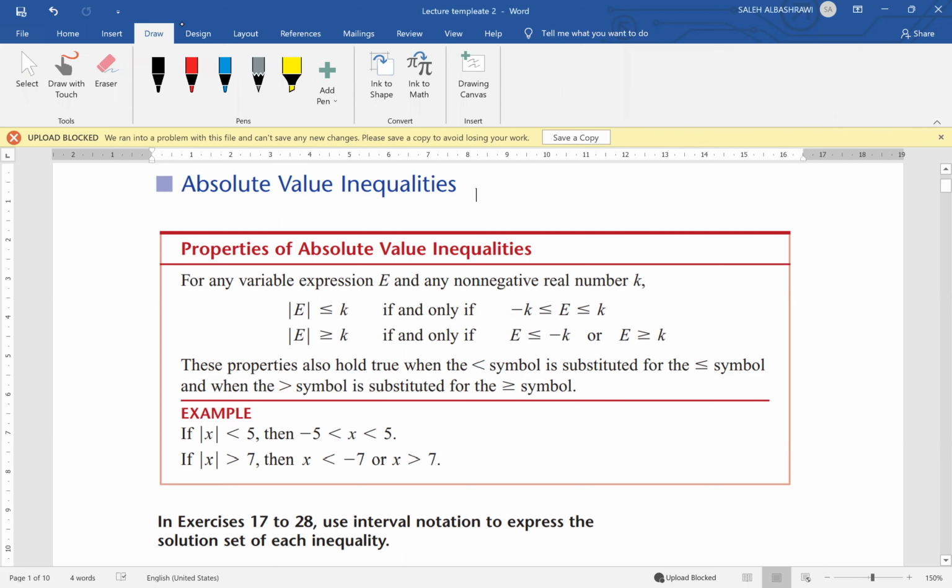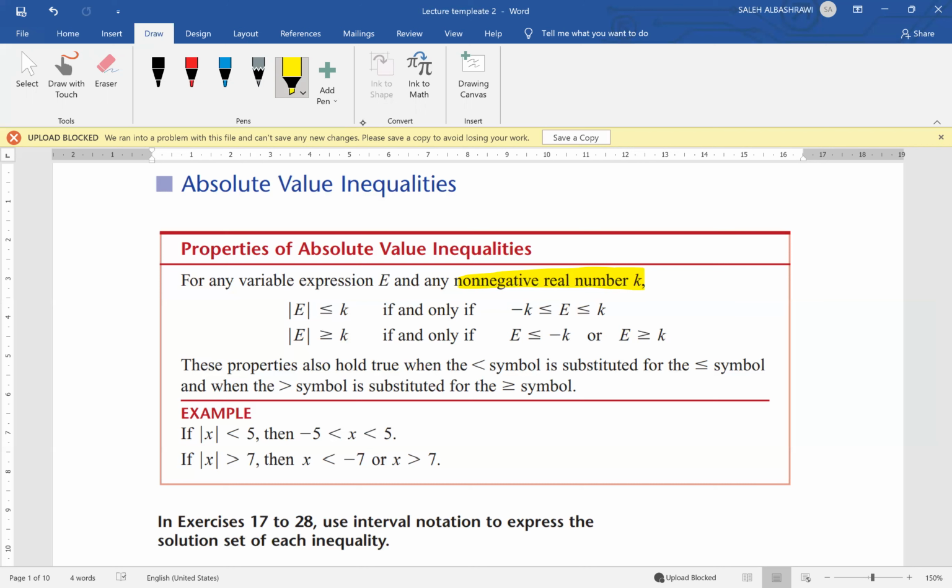So for any variable expression E and any non-negative real number K, you have to be careful about this part of the statement, non-negative real number. It can be positive or it can be zero.